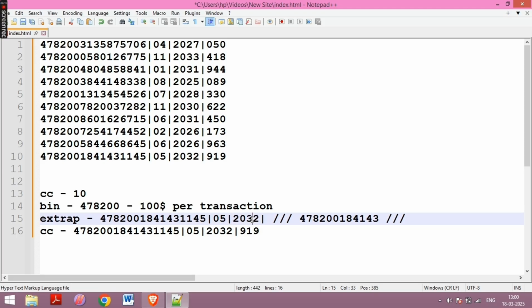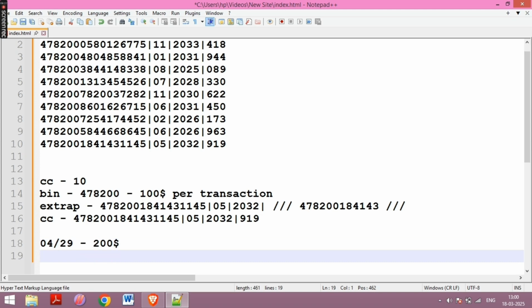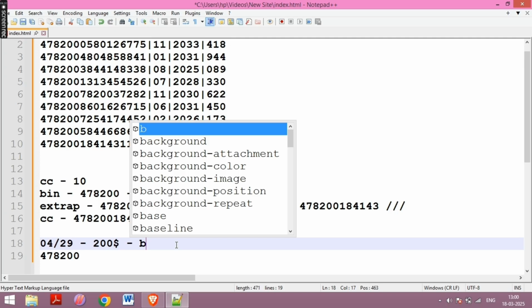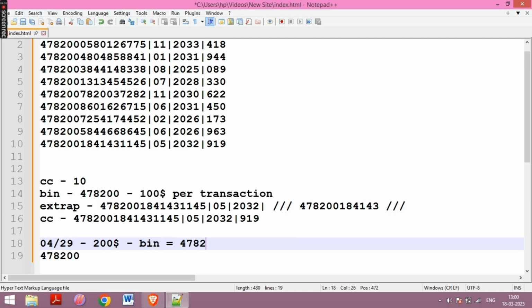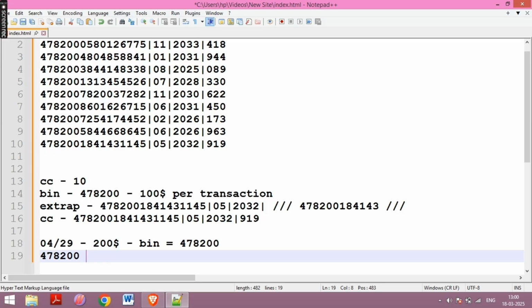This also matters a lot, because sometimes, let's say, an extrap of 429 is working well, giving a higher hit of more than $200. And for another one with the same BIN, 478200, the expiry is 5 and, let's say, 27, and it is giving a hit of only, let's say, $80.